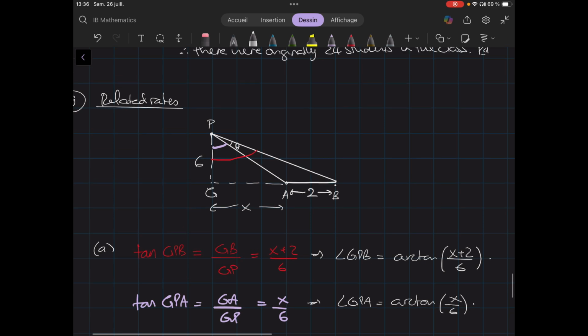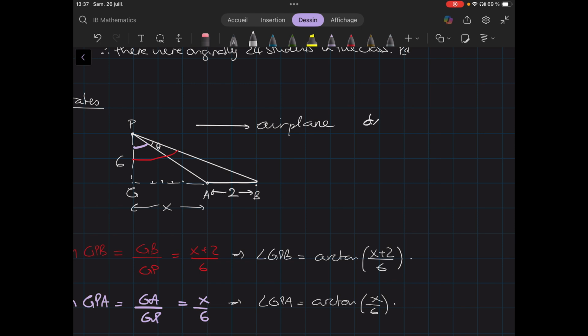The airplane is flying in this direction. As it is flying in that direction, we can see that GA is going to be decreasing. So you would expect dx divided by dt to be negative. However, because we're looking at the speed of the airplane, we're just going to take the absolute value of this value.